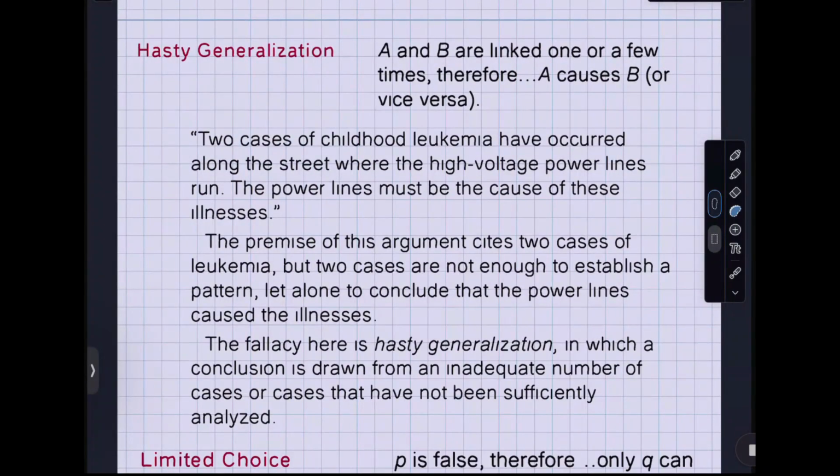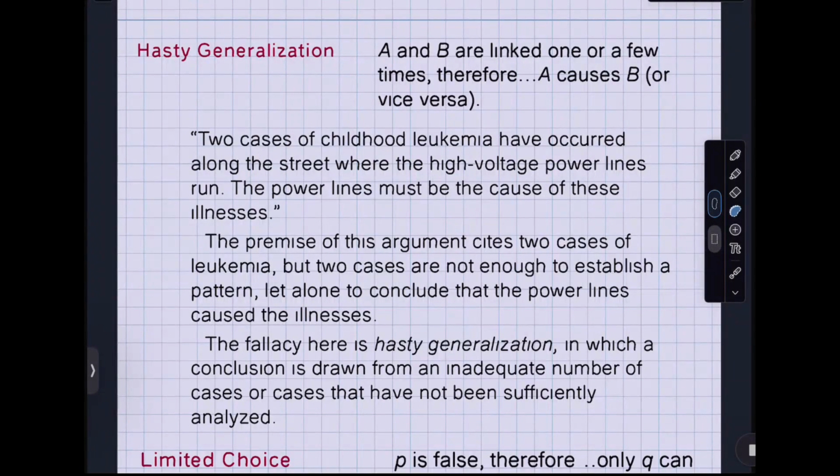Hasty generalization. This is the way they felt about, what is the movie called?